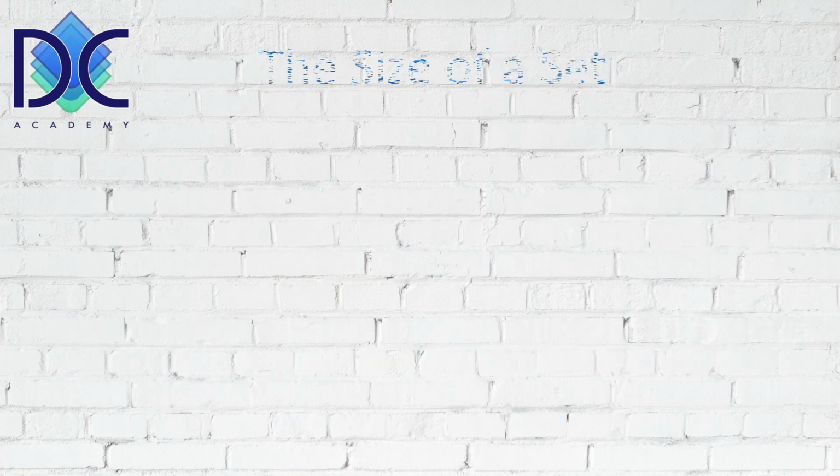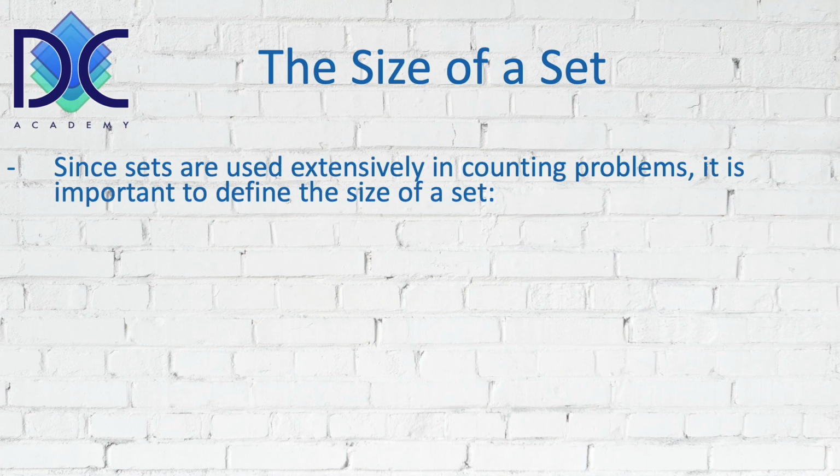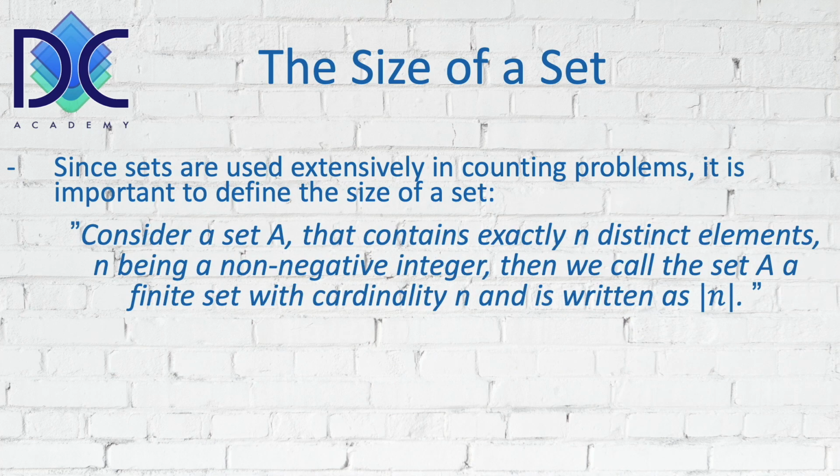Another element which is important in discrete mathematics is the size of a set. In discrete mathematics, sets are used in counting problems, and it's therefore very important to know how many elements are in a set, and we call that the size of a set or its cardinality.